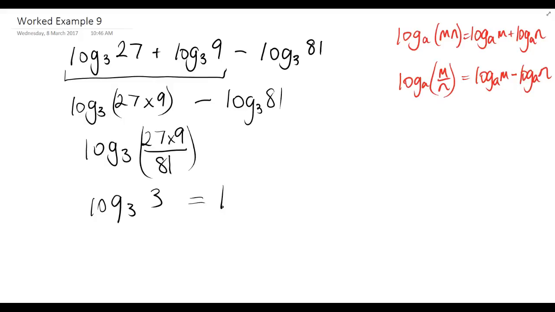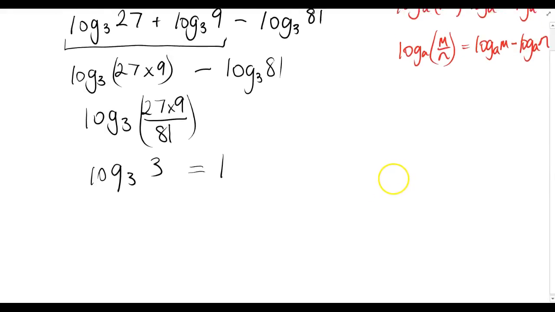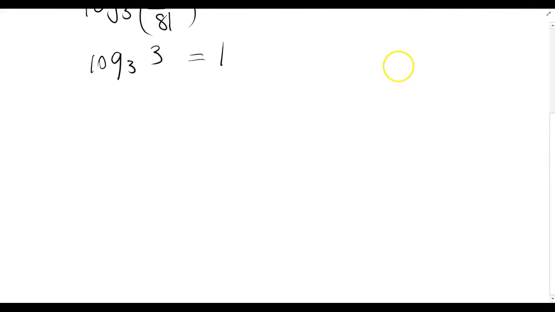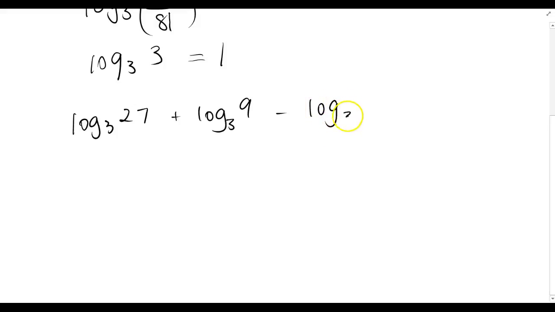So I'm now going to do the same worked example, but using the method that is in your book. So we'll start again. We've got log 3 of 27 plus log 3 of 9 minus log 3 of 81. What your book does is they go, okay, we're in base 3, so let's see if we can rewrite every number here in index form so that it has a base of 3.